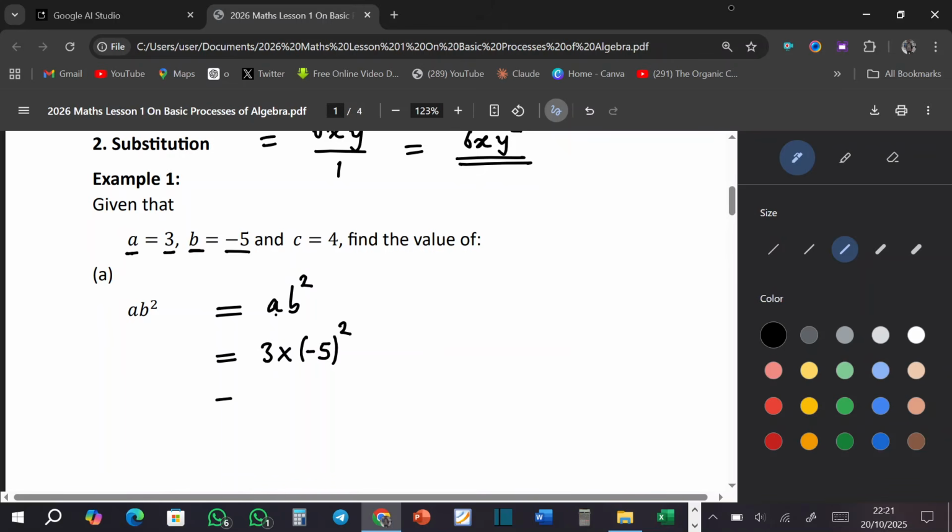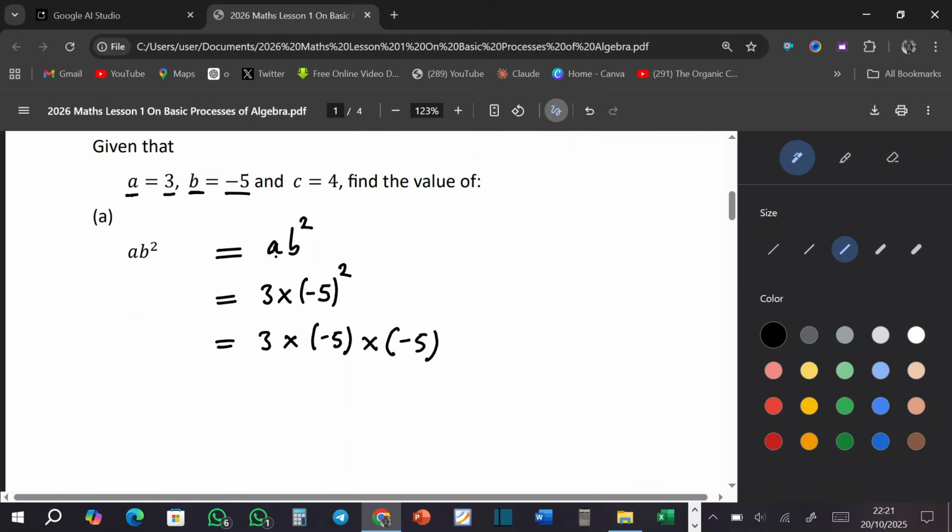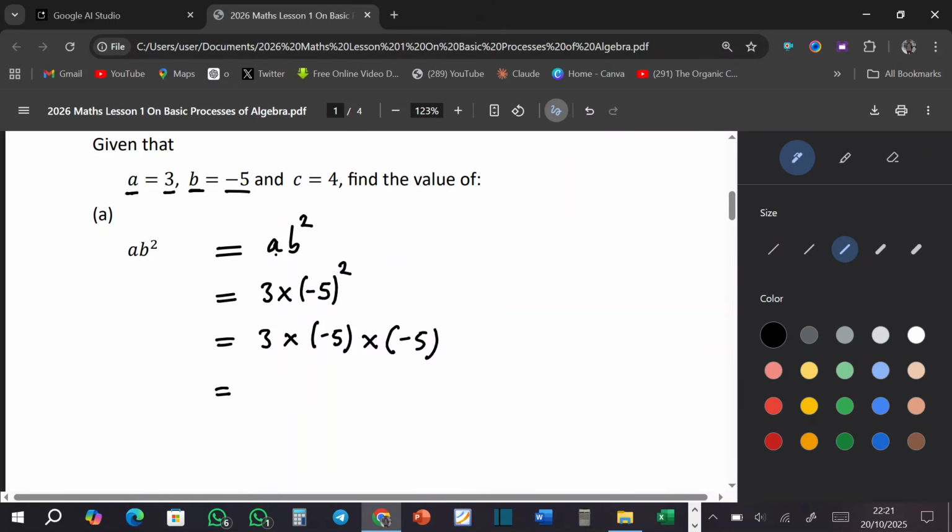Then you say, okay, this means 3. Then this one, which is to power 2, means you have this multiplied by itself, like -5 times again -5. That's what it means to be to power 2. So then you say equals, negative times negative is positive.